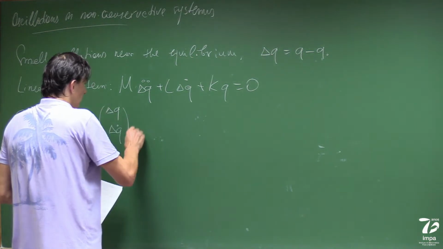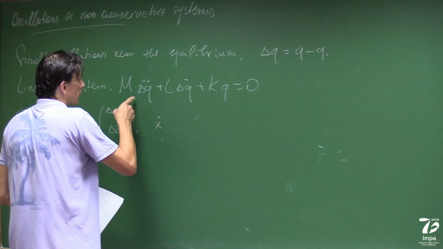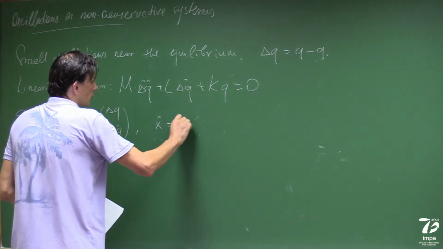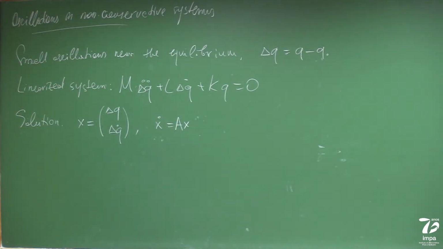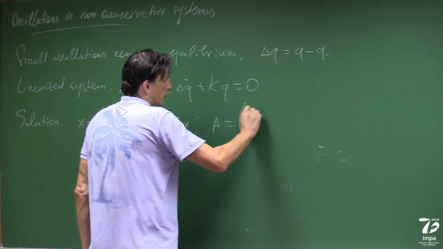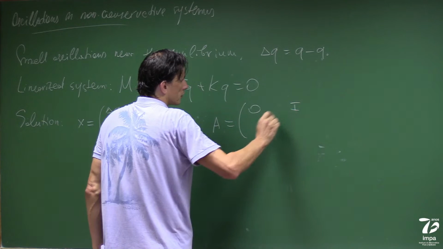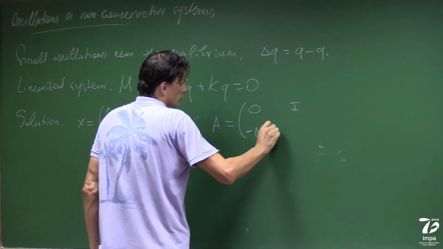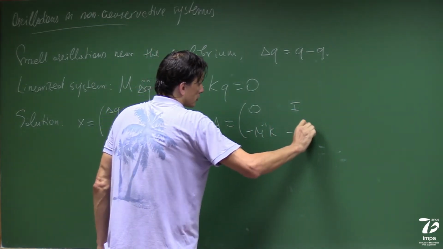And then we write this equation in the standard form for the ordinary differential equation, x dot equals A x. So A is a matrix composed of the matrices: 0, identity, minus m inverse k, minus m inverse l.